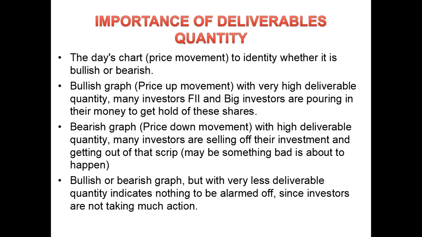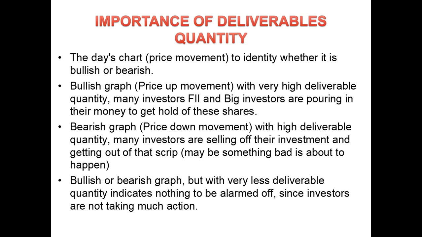So let's look at the importance of the deliverable quantity. Look at the day's chart, that is the price movement, to identify whether it is a bullish or a bearish chart. The bullish graph shows price up movement with very high deliverable quantity, and many investors, including foreign institutional investors and big investors, are pouring in their money to get hold of these shares.